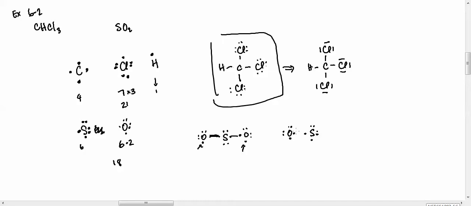Yeah, let's do that. So let's see, wait a second. All right, it makes no difference with oxygen. Okay, so he's going to create a double bond. So I'm going to have the oxygen with the 1, 2, 3, 4 and the sulfur, and he has a double bond.